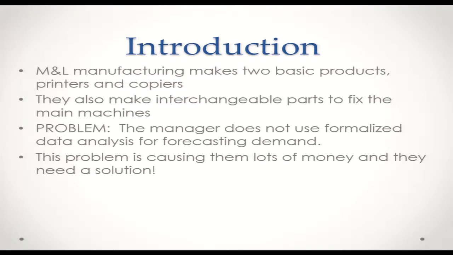So when reading on in the case, it said that the company had trouble with inventory and efficiency problems because the manager didn't use formalized data analysis to forecast demand, and this hurt him in the long run because he didn't know what his demand was.